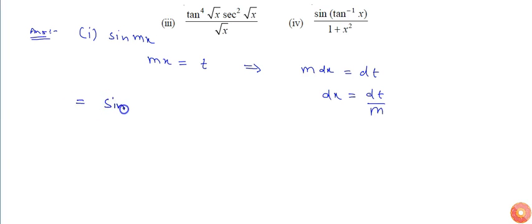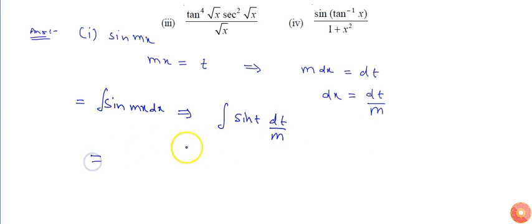it is the integration of sin mx dx, so it will transform into sin t multiplied by dt by m. Since m is a constant, I can take it out.